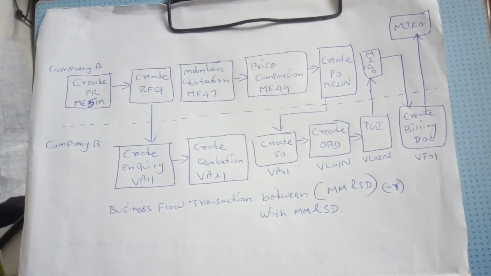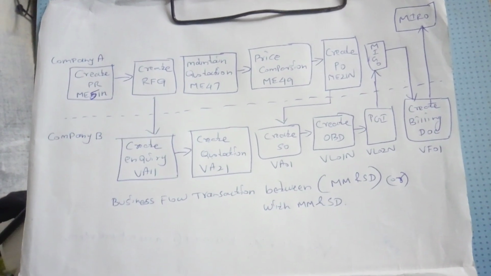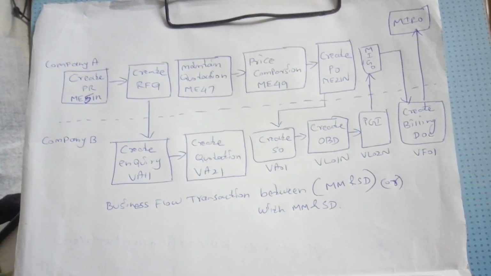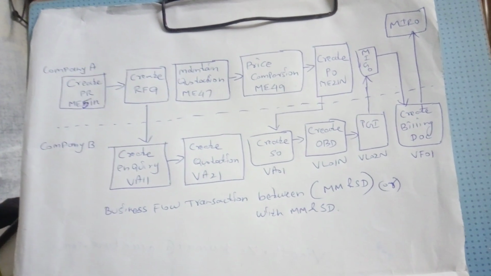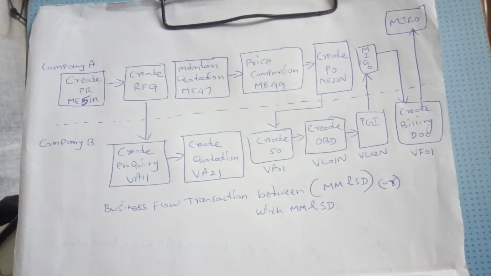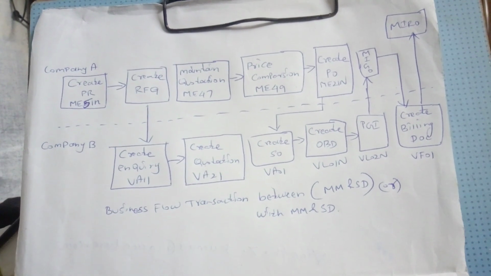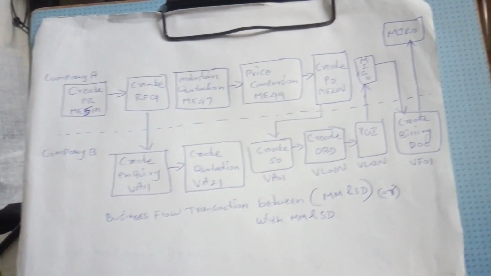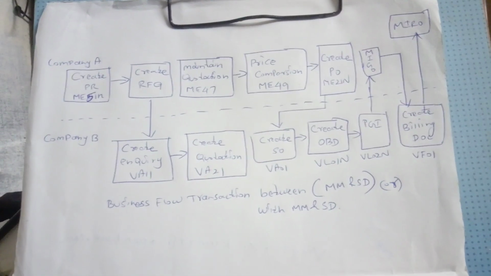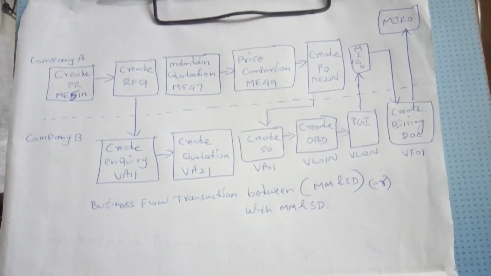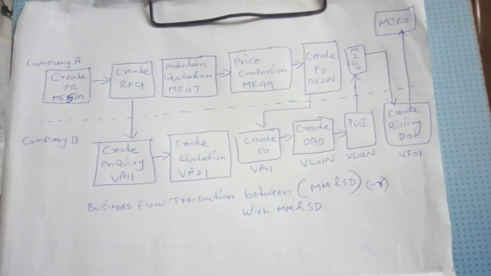in company code B will receive the PO. So he will analyze that PO, and it is already decided that everything was under agreement.